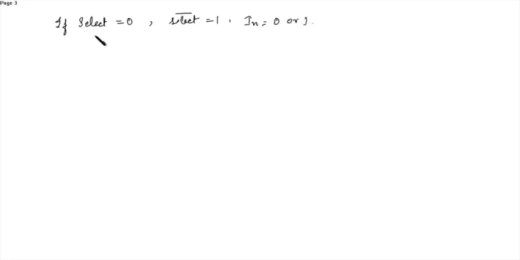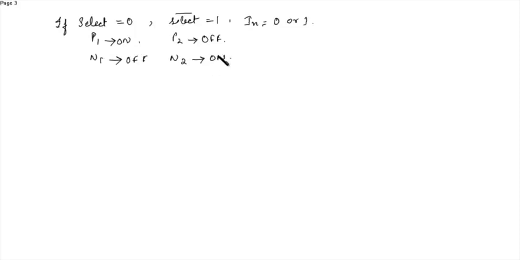So when select is 0, then in the transmission gate P1 will turn on, then P2 will turn off, and N1 will turn off and N2 will turn on.